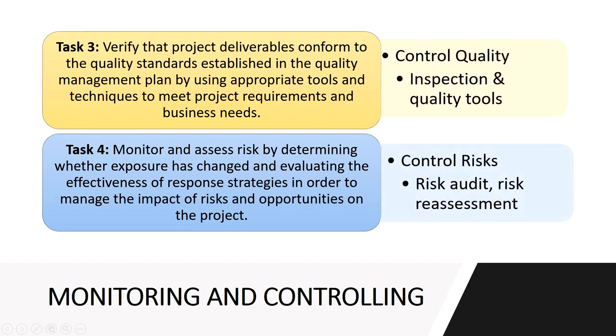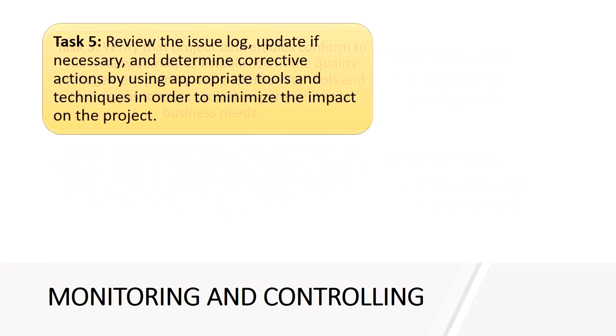When you evaluate the effectiveness of how your response strategies panned out, that is a risk audit. Don't mix up a risk audit and a risk reassessment. Why are we doing this? In order to manage the impact of risks and opportunities on the project. We want the project to succeed, and this is all part of our effective risk management. So under this, we have control risks, and the risk audit and risk reassessment are a major focus.